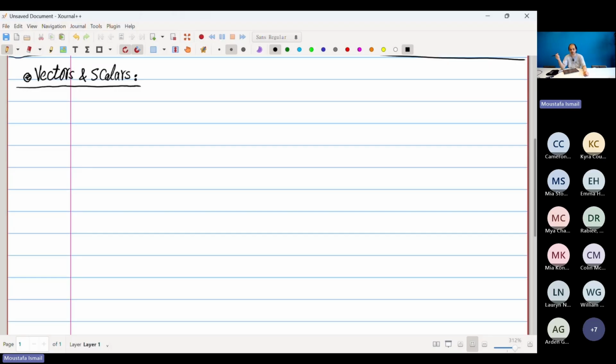Also displacement. You don't just want to know the distance between 2 points, but also where this distance is along. So you need more than just magnitude. You also need direction. So we define a scalar. So definition.